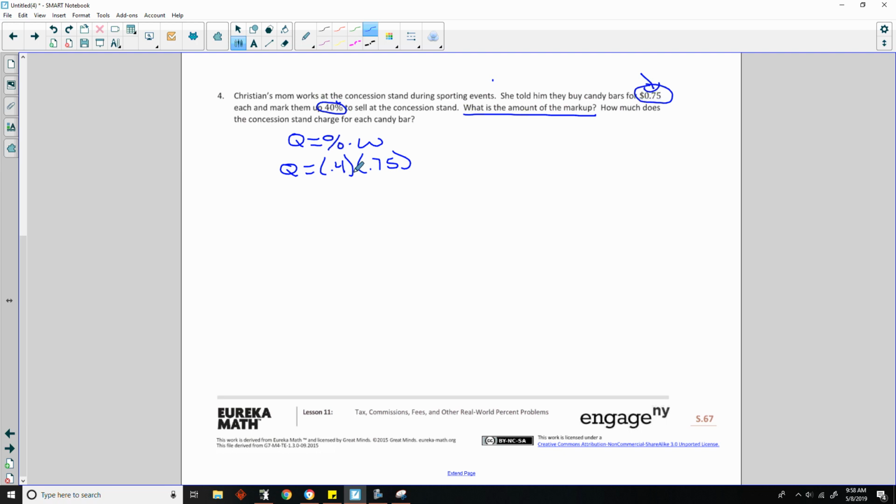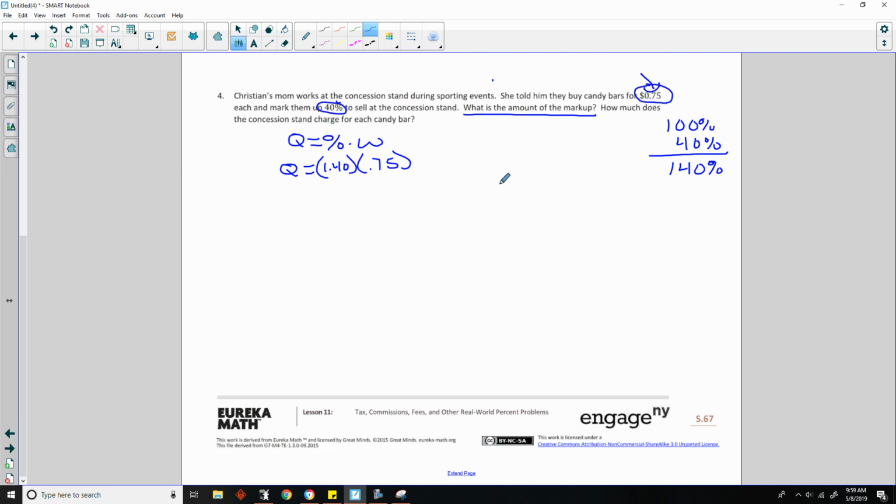Okay, now this is just going to find the markup. If we want to know the total, remember 100% of something is the whole, which is the 75 cents. And if I'm going to mark it up 40%, then I'm going to be paying 140%. I could have done it this way, but that would be 2 steps. So I'm just going to change this, and it's 1.40. 1.40 is a markup of 40%.